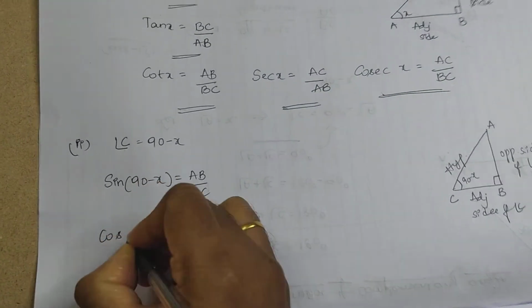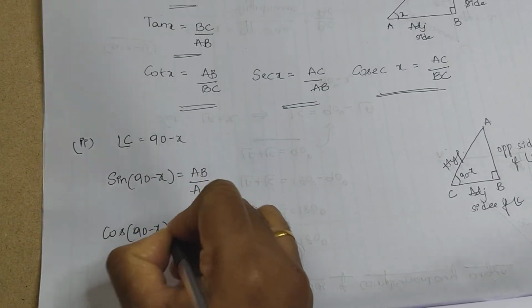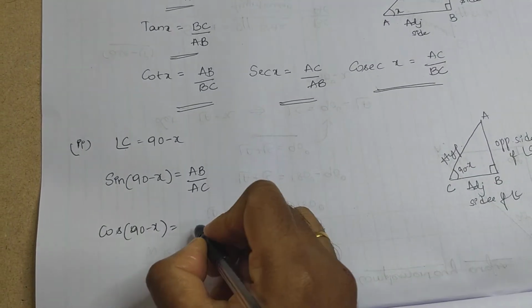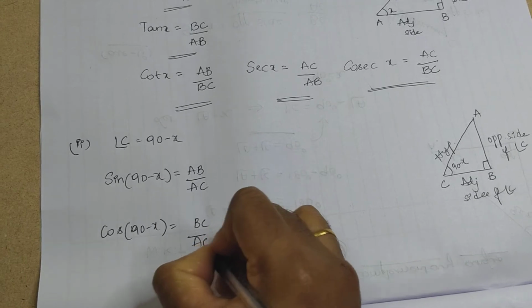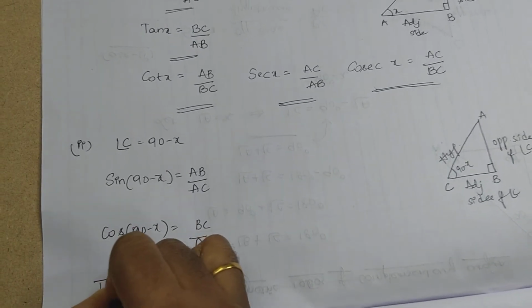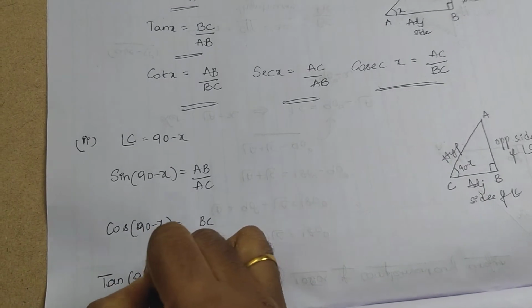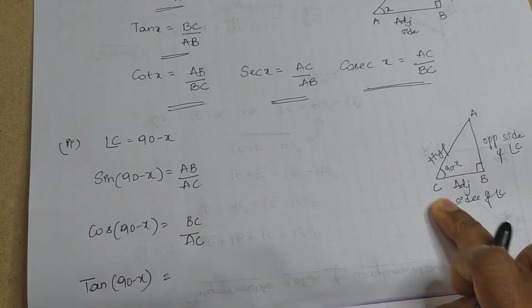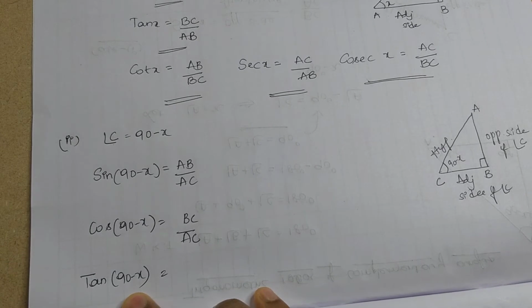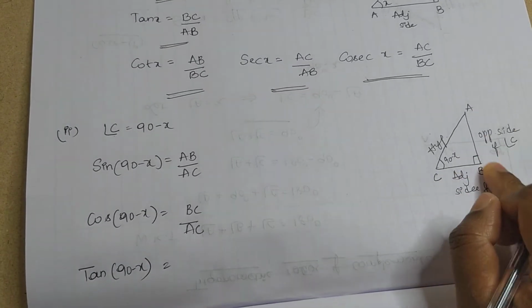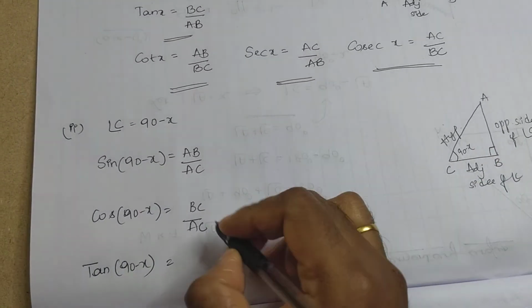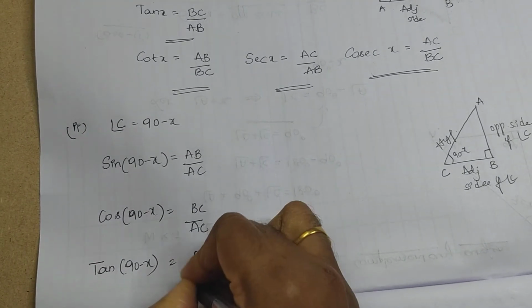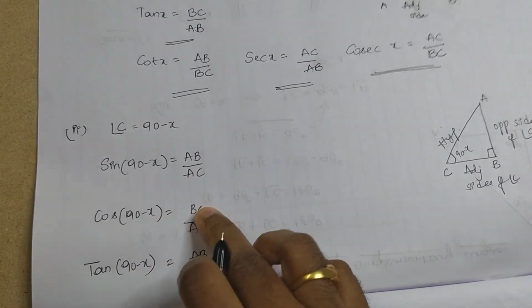Cos of 90 minus x equals adjacent side by hypotenuse, which is BC by AC. Again, tan of 90 minus x. Why am I taking 90 minus x? Because in case 2 I have taken angle C as reference. Tan of 90 minus x equals opposite side by adjacent side, so it becomes AB by BC. So you got sine, cos, tan.